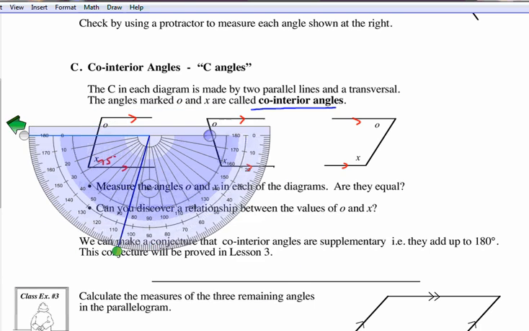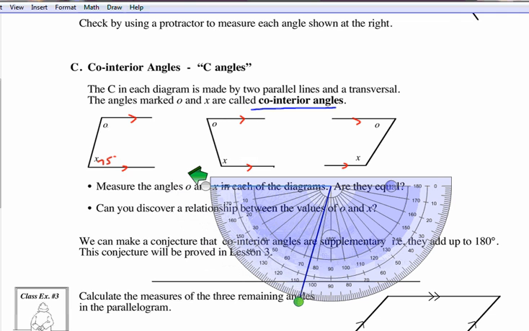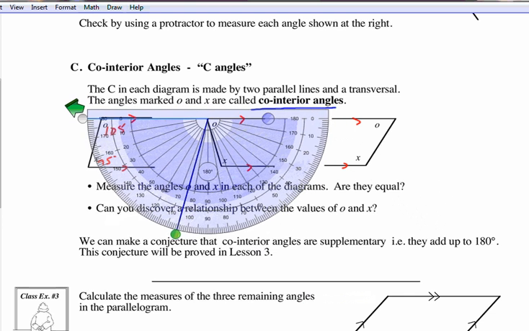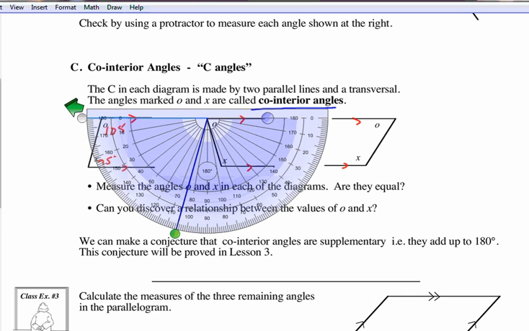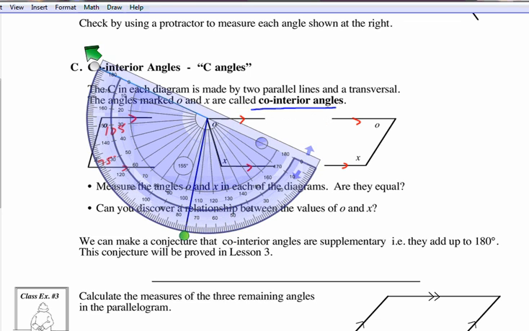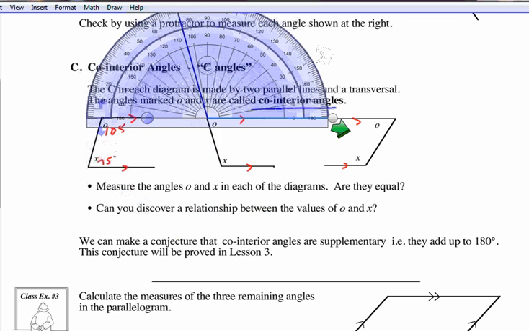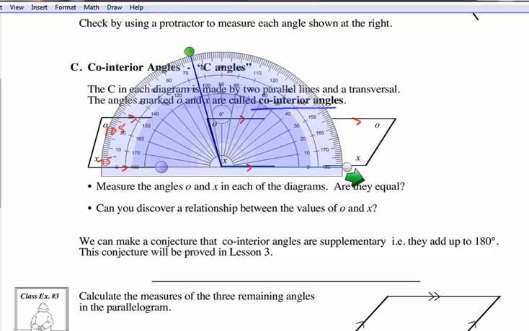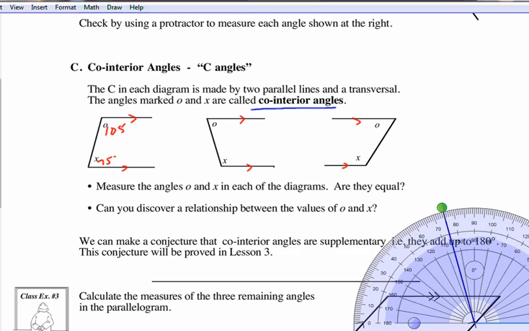So what's so special about 75 and 105? Well, let's look at this next example. Again, we're measuring. This time I'm doing the top angle, and again, 75. We rotate it, measure the bottom, and 105 again. Okay, so 75, 105.